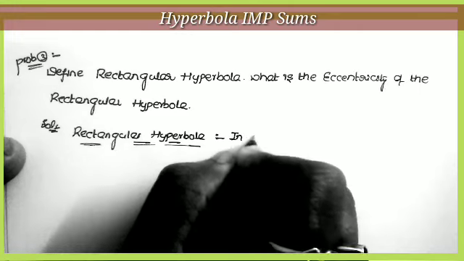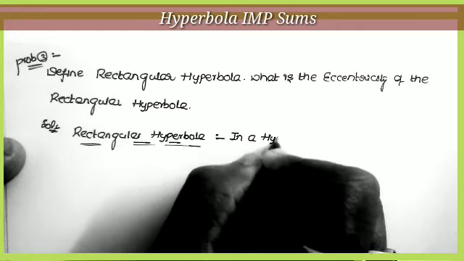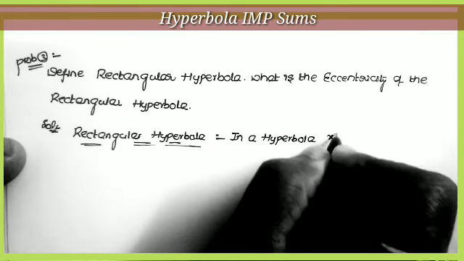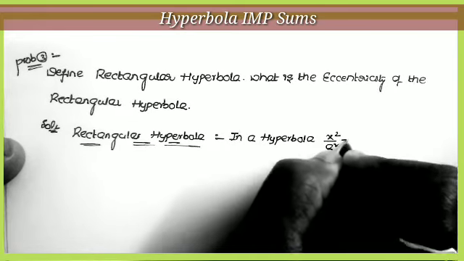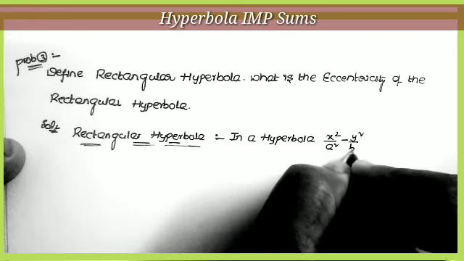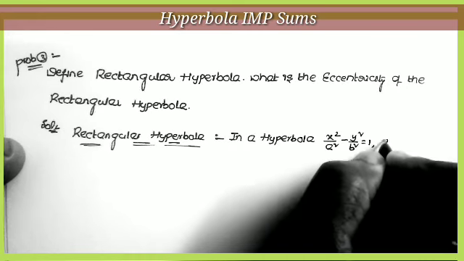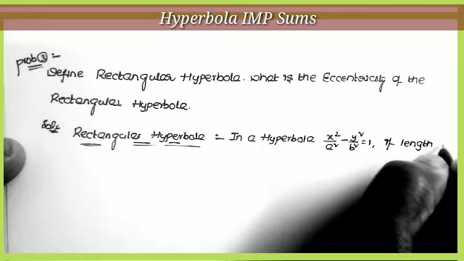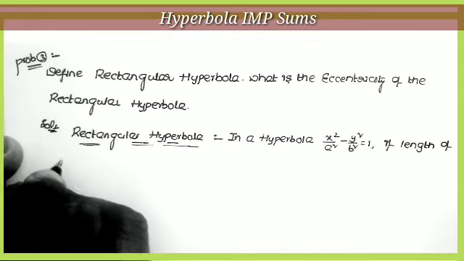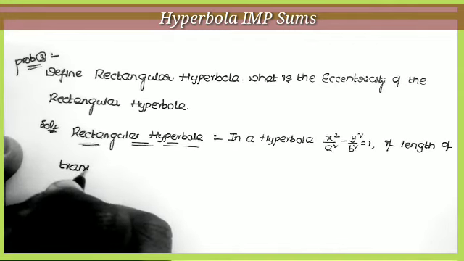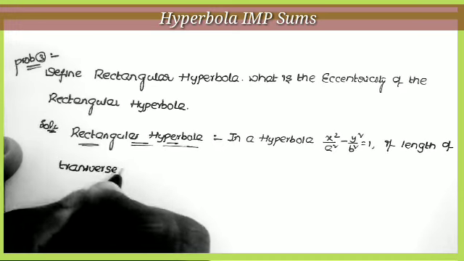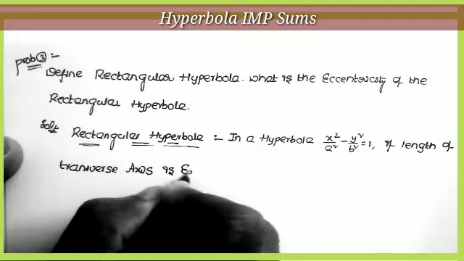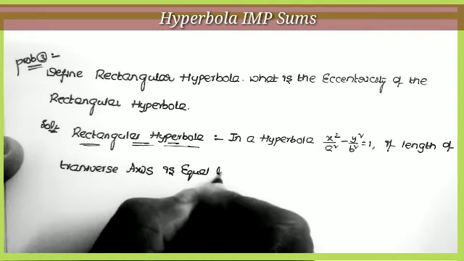The rectangular hyperbola definition. First I am taking the standard form equation of the hyperbola: x square by a square minus y square by b square is equal to 1. If the length of the transverse axis is equal to the length of the conjugate axis, then that hyperbola is said to be a rectangular hyperbola.